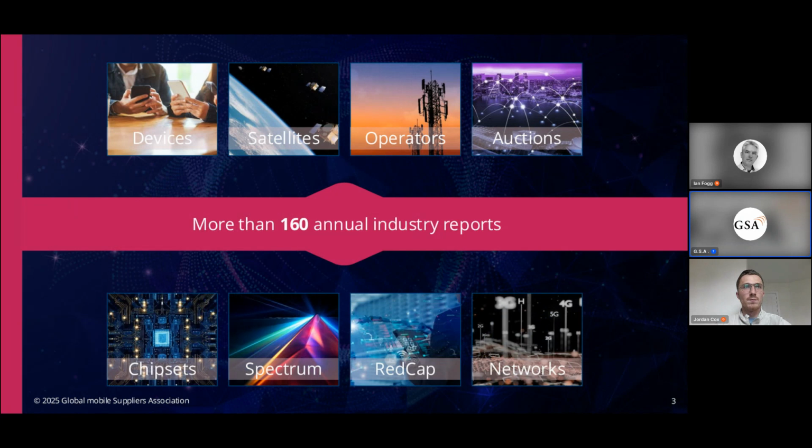The data behind today's webinar comes from GSA's Gambod databases. GSA publishes about 160 reports each year covering all these different topics, all drawing their data from the Gambod databases, which cover everything from devices, networks, technologies, spectrum, and chipsets. There have been a lot of new developments and enhancements to Gambod, so if you have accessed it recently, you may have noticed some changes, both new visualizations on the spectrum assignments database, and just last month, the launch of a new database focusing on spectrum pricing.